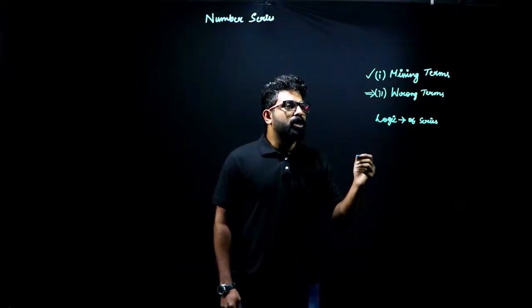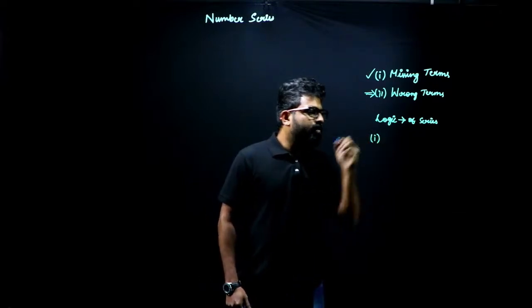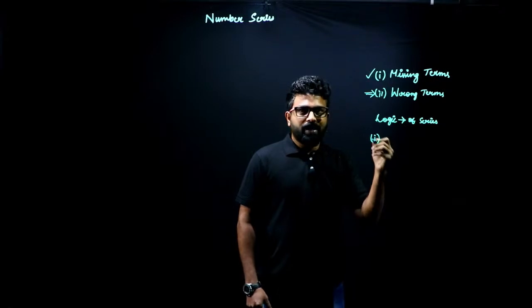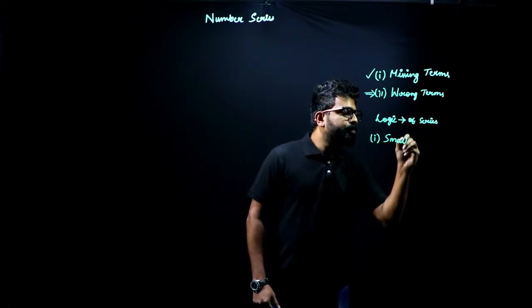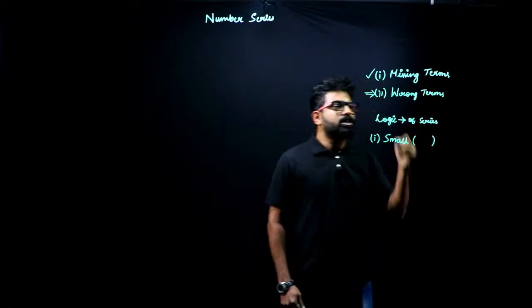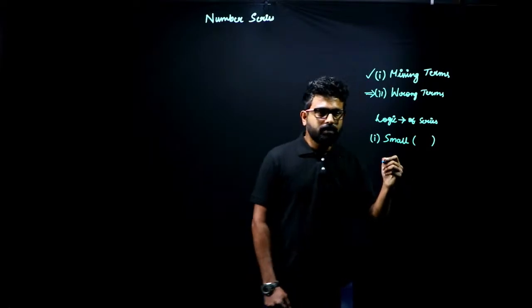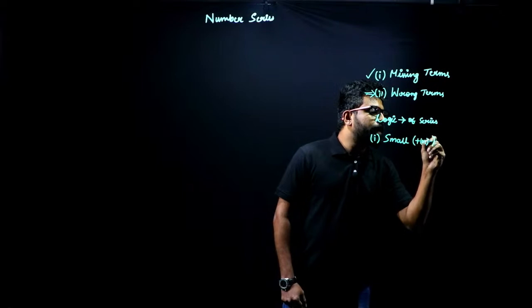So how did we find the logic? What was our first step? First step, we compared the 2 terms. So we found out if the difference was small or large. If the difference was small, what was the logic hidden in the question? It was either addition or subtraction.